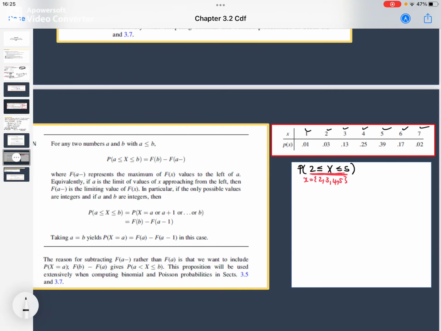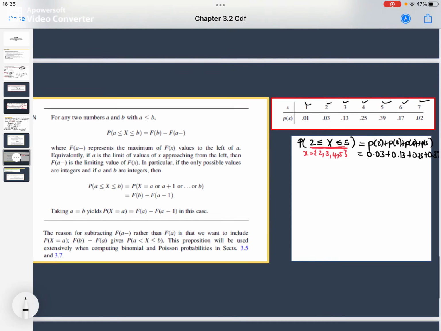Now we can calculate this probability as the probability that x is equal to 2 plus the probability x equal to 3 plus the probability x equal to 4 plus the probability that x is equal to 5. That is just 0.03 plus 0.13 plus 0.25 plus 0.39.